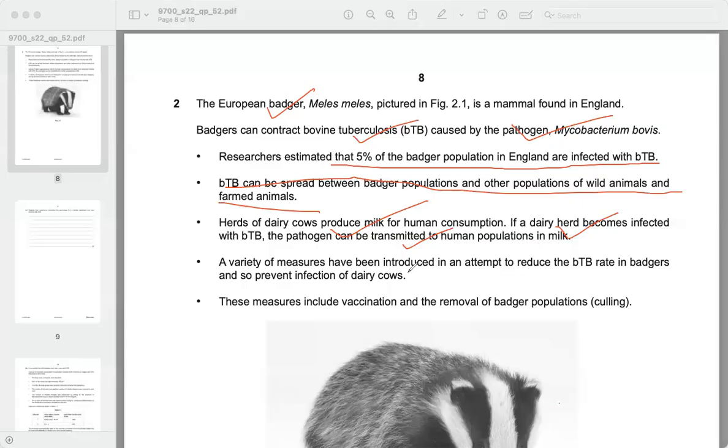A variety of measures have been introduced in an attempt to reduce the rate of this bovine tuberculosis and so prevent infection of dairy cows. These measures include vaccination and removal of the badger population.